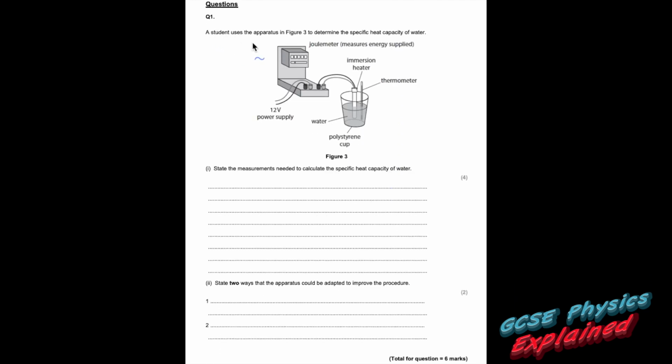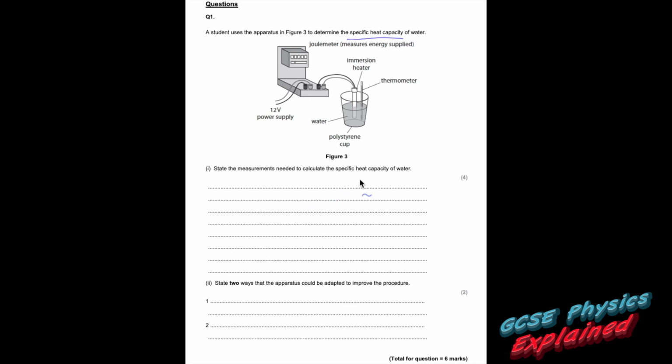Question 1. A student uses the apparatus in figure 3 to determine the specific heat capacity of water. Underline that. State the measurements needed to calculate the specific heat capacity of water. Right, well I always base my explanation on the calculation.